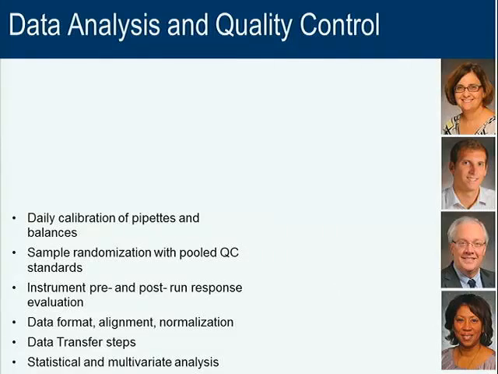We randomize our samples. We have QC standards that we put within the runs. And then we look at pre and post-run responses. And then we have a lot of quality control steps in our data formatting, alignment, transfer steps, et cetera.